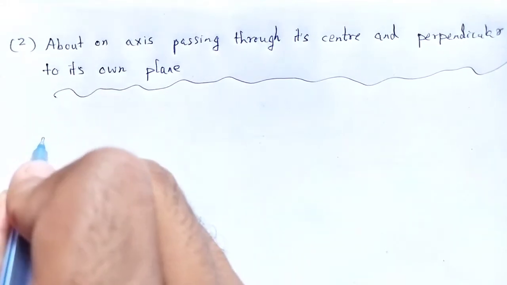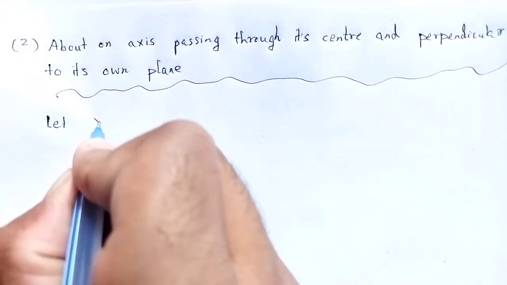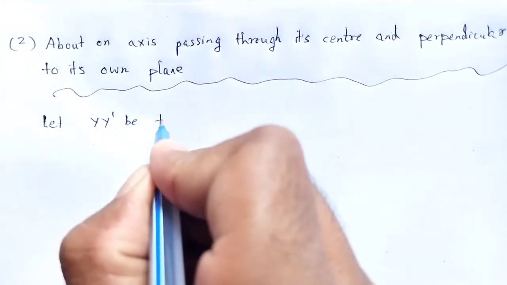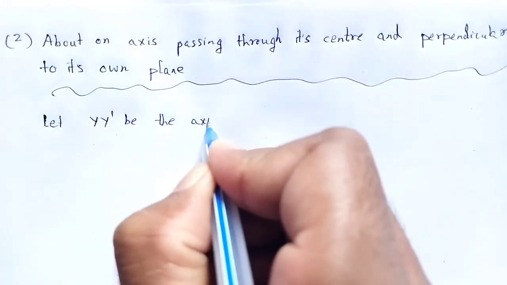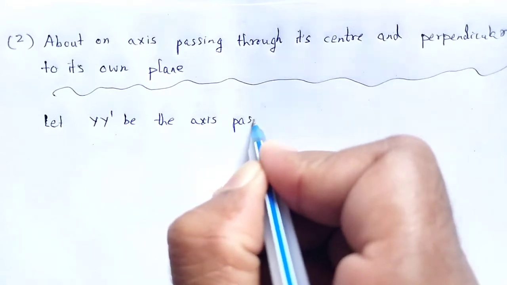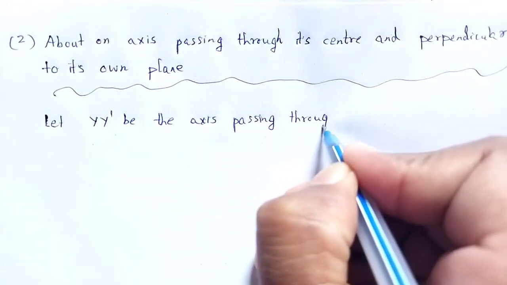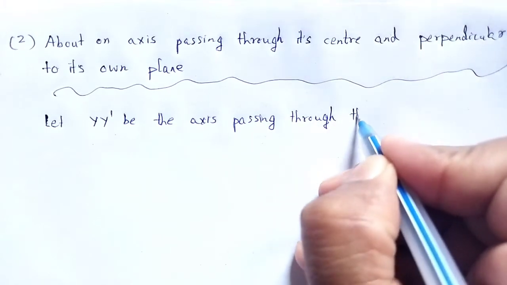That's why let y dash be the axis passing through the center of the cylinder.